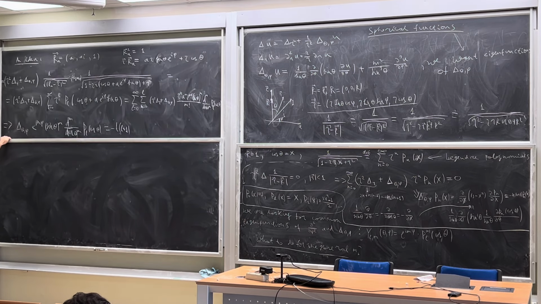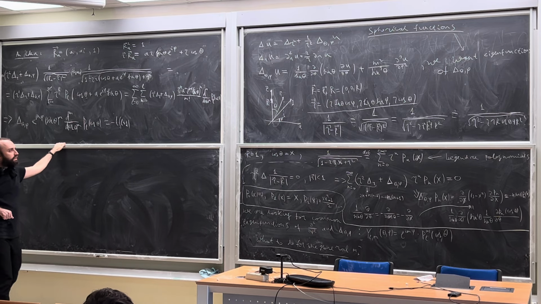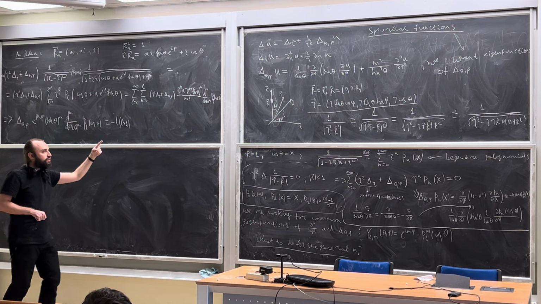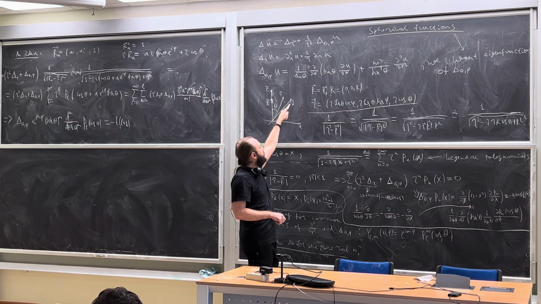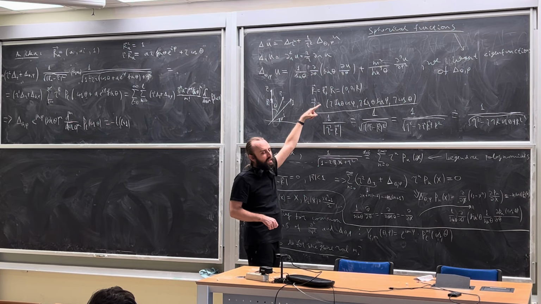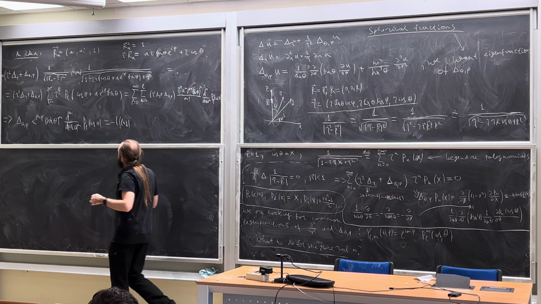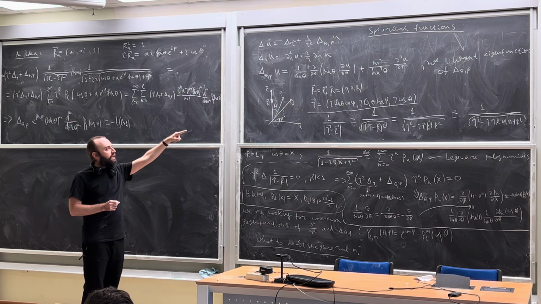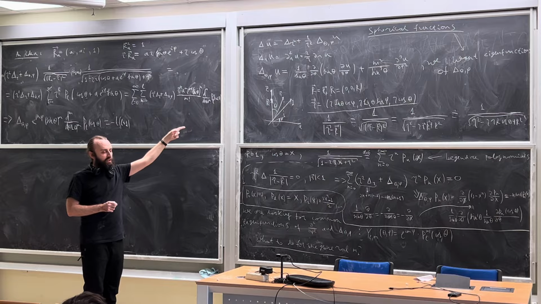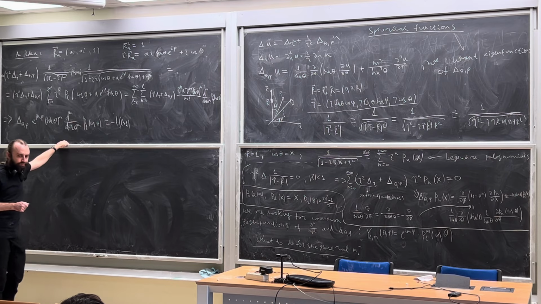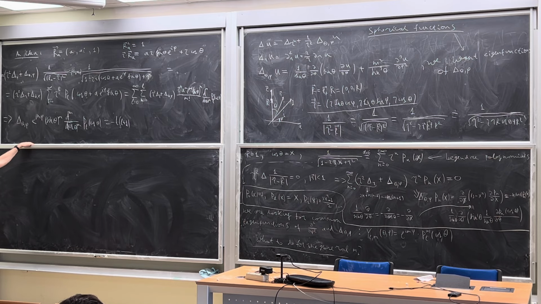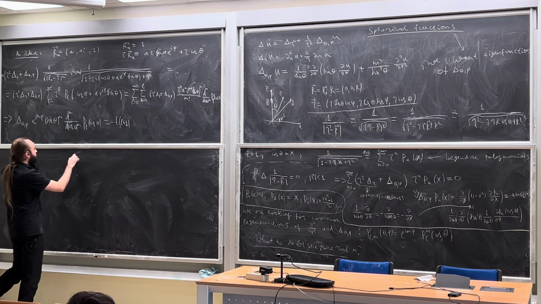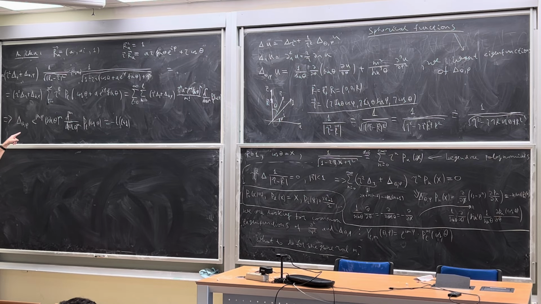Now let us look at this operator. What happens if we take into account the action of the second derivative in phi and rewrite everything else in terms of this variable x, which equals cosine of theta? Can you tell me the differential operator that will act on this function?